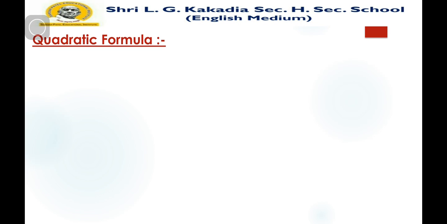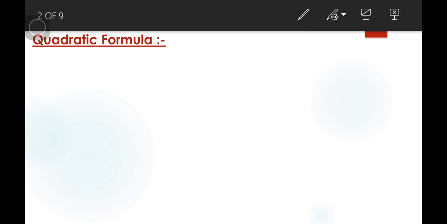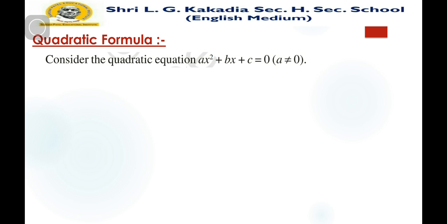Now for that, we have to just assume a quadratic equation. Consider the quadratic equation ax square plus bx plus c is equal to 0, and we know that the value of a does not equal 0. So we know that the quadratic equation can be represented in this form.